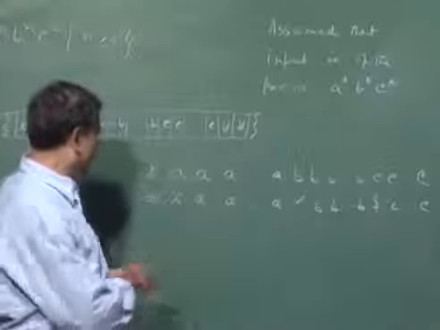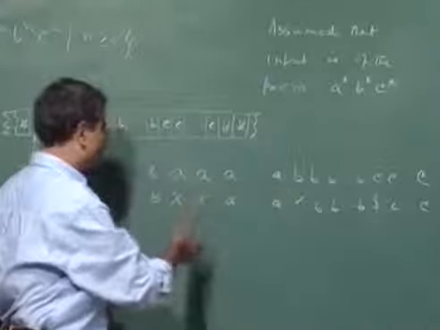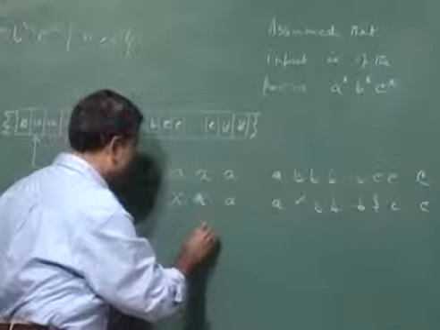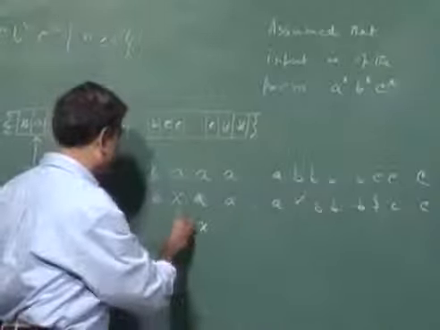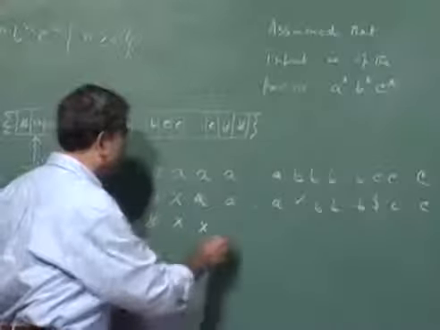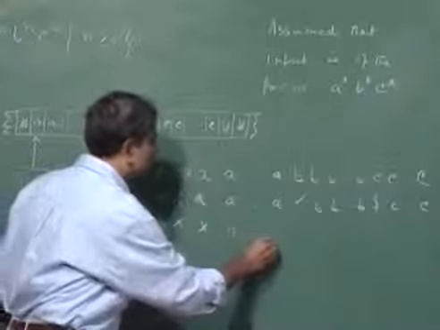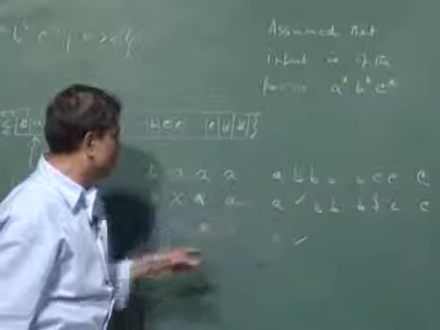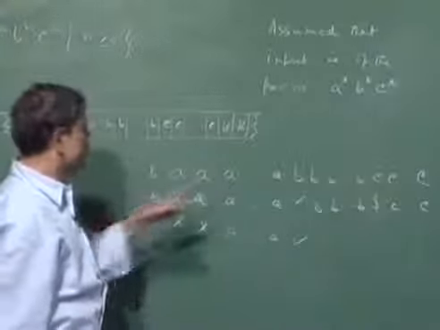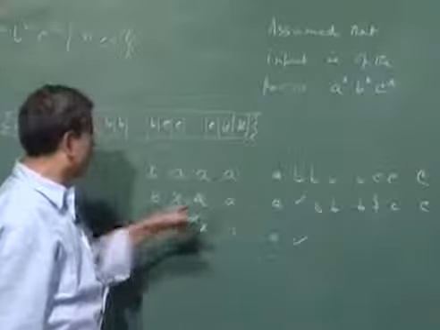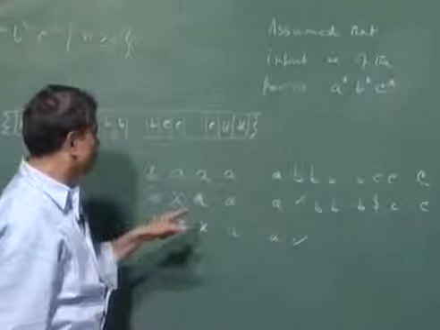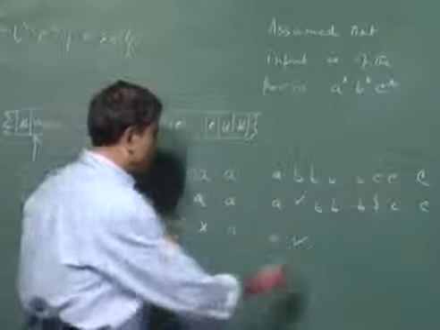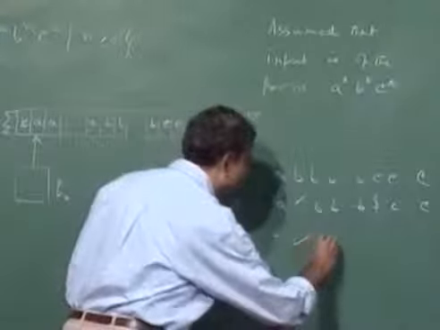So, the machine will come back and make this A a cross. Remember, this B has already been checked off, because we took this B to correspond to this A, and therefore it will tick the next B.